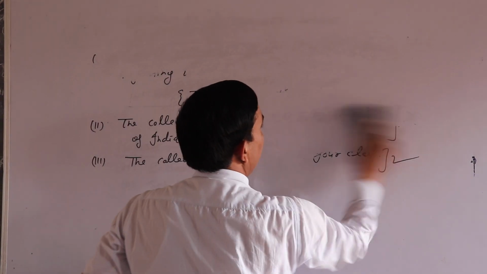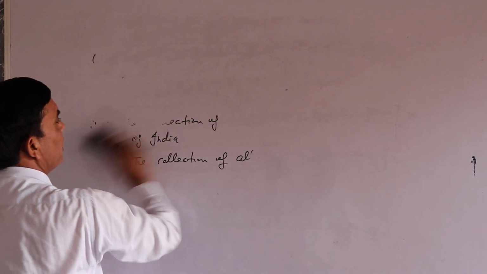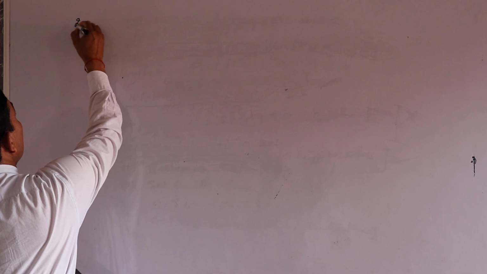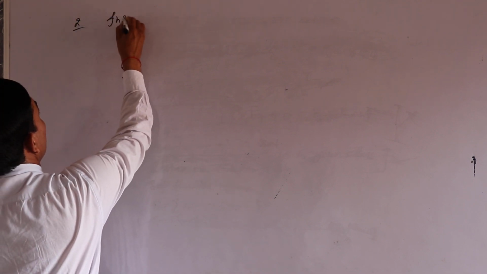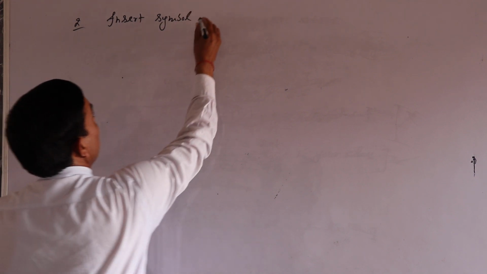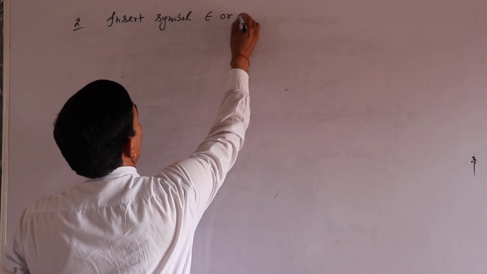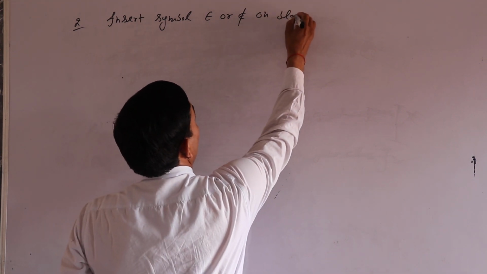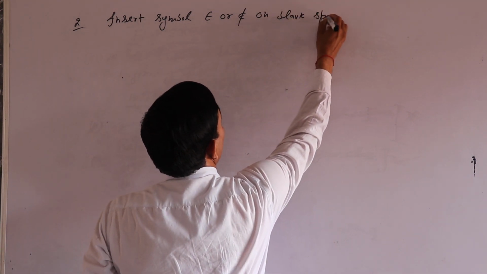Now the next question is question number 2 of exercise 1.1. Insert the symbols belongs or does not belong in the blank spaces.